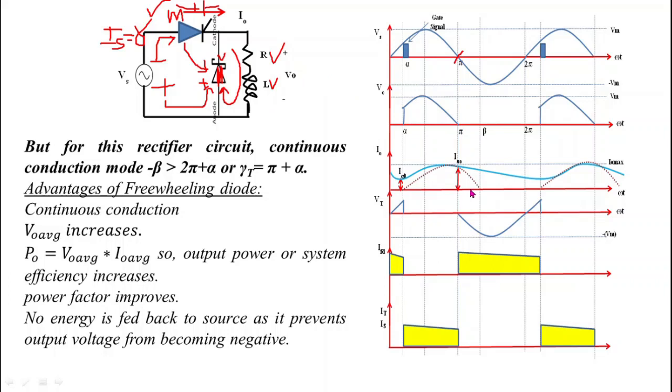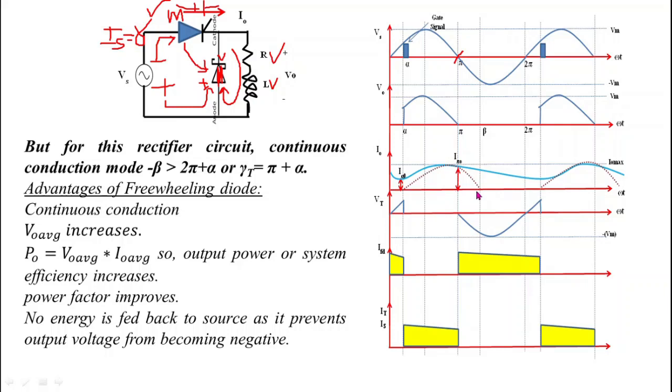Second point: when the polarity reverses, the current shifts from the thyristor to the freewheeling diode. That's why the path of the output current changes. When the path changes, the equation of the output current also changes. So here the output current I0 after pi has a different equation.